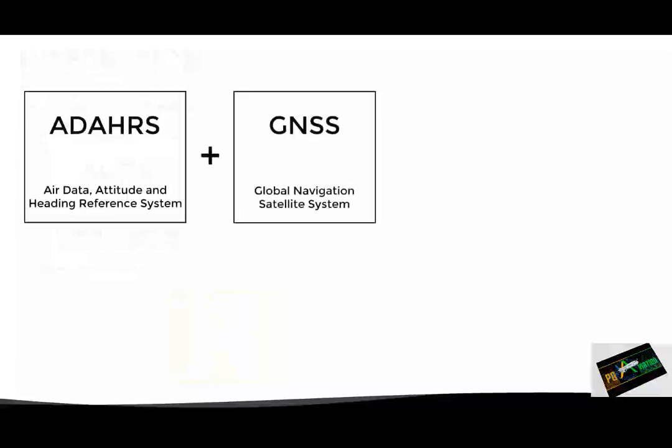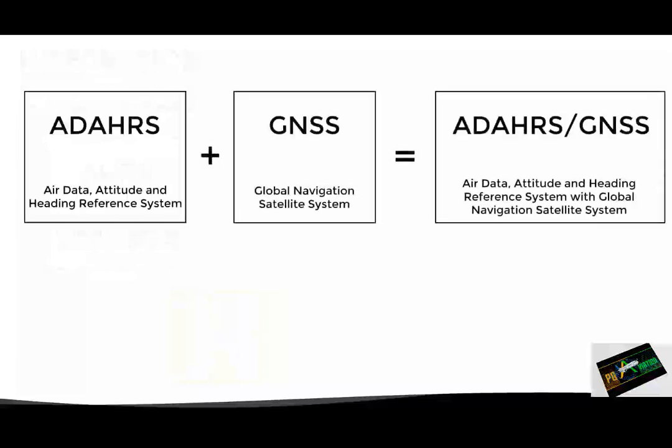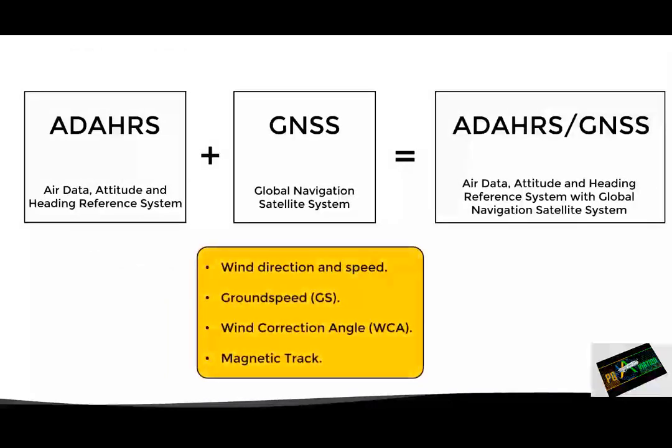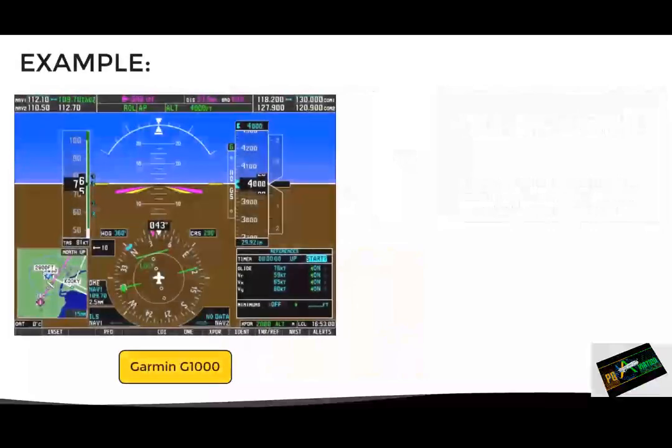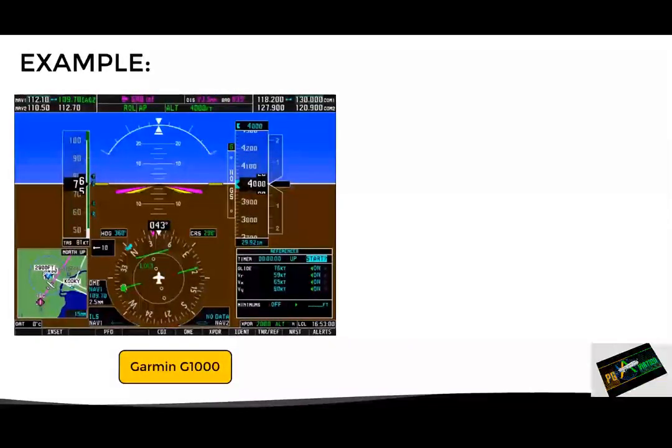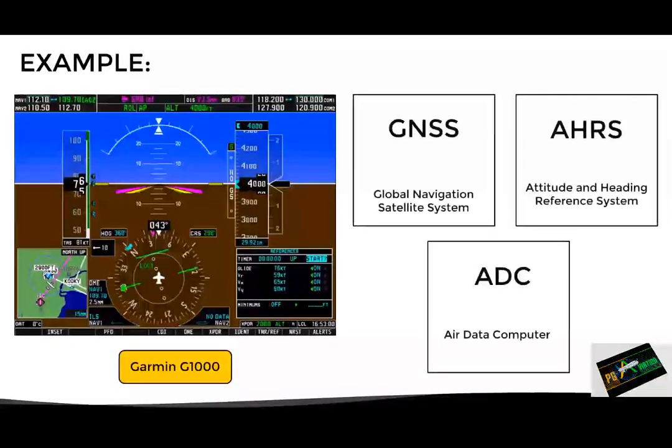It is also common to find this unit integrated with a global navigation satellite system, which allows to calculate other parameters such as wind direction and speed, the ground speed, the wind correction angle, and the magnetic track. An example of the use of this type of unit is the Garmin G1000, which, although it does not use the units combined, it does use the information derived from each one to calculate all the parameters.